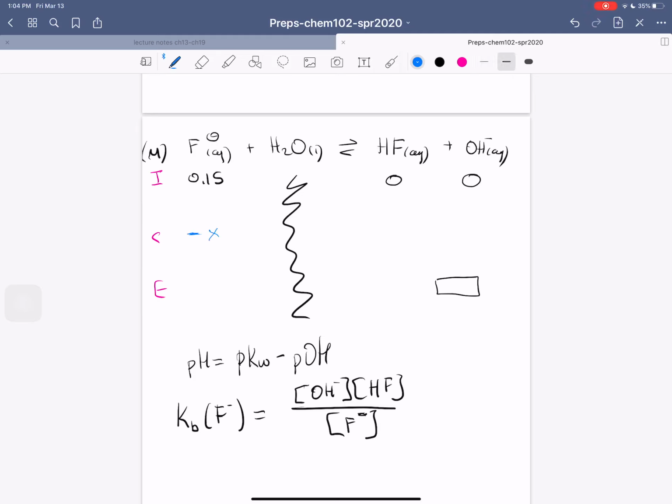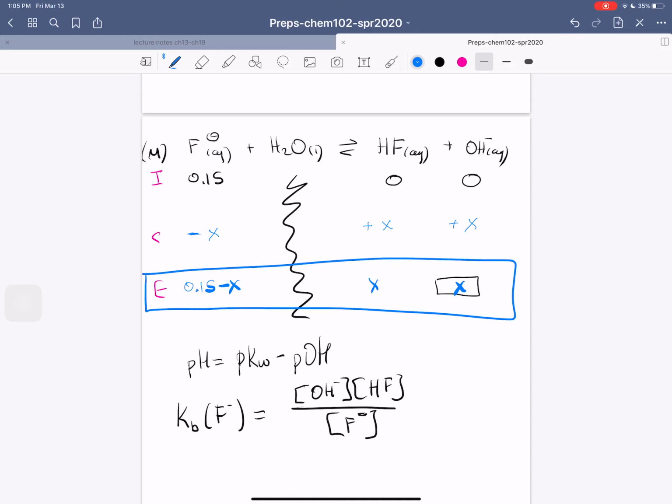So X of fluoride will react, X of hydrofluoric acid will be produced, X of OH minus will be produced, and the equilibrium concentrations will be 0.15 minus x, x, and x here, right? So I have the equilibrium concentrations, and I will put them into this expression for the equilibrium constant, right?